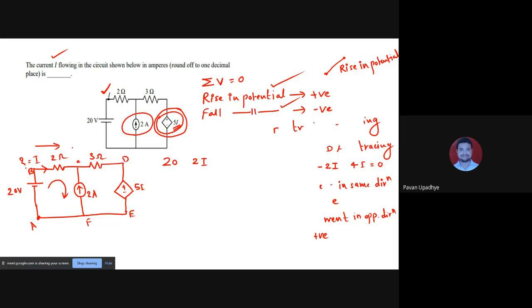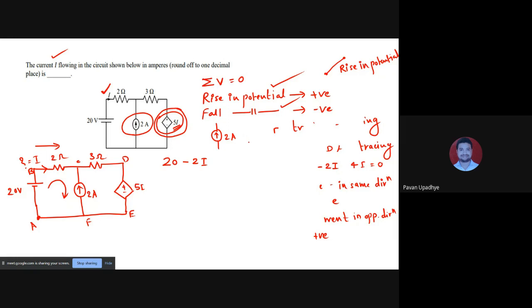So you and current are moving in the same direction. As I said, when you and current are moving in the same direction, the potential difference should be written negative. Now when you are moving from C to F, we do not know the voltage across the current source of 2 ampere.